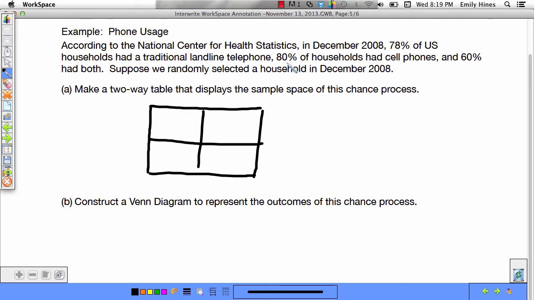So here, I have cell phone and no cell phone, and I have landline and no landline. Then I always have my totals around the edges.